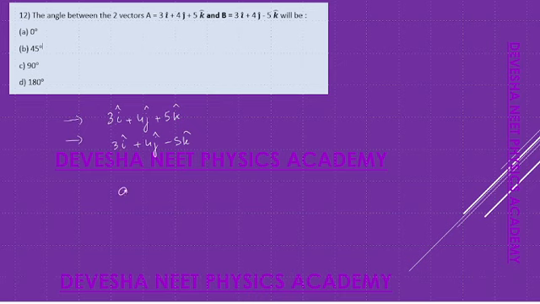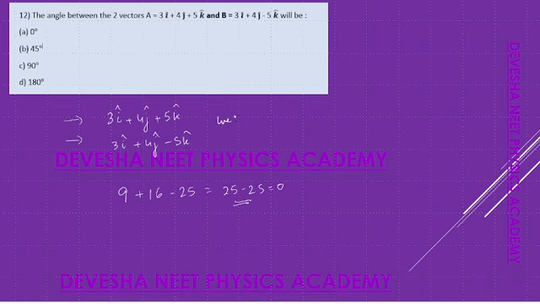So 3 into 3 is 9, plus 4 into 4 is 16, plus 5 into minus 5 is minus 25. So this is 25 minus 25, equal to 0. It means the dot product is equal to 0, right?